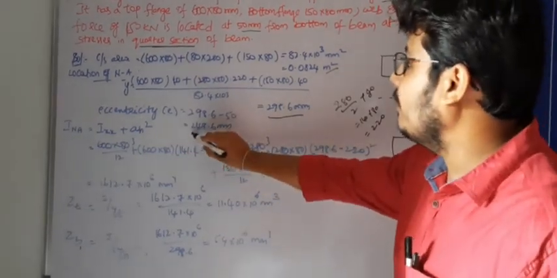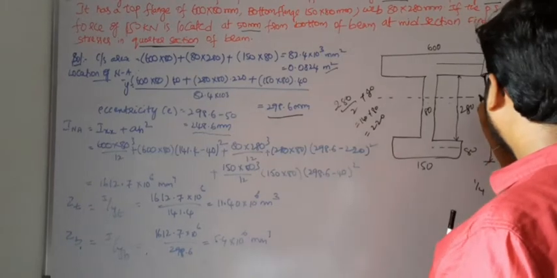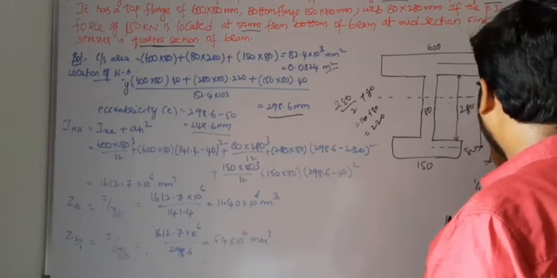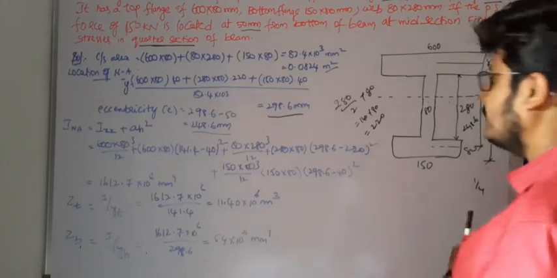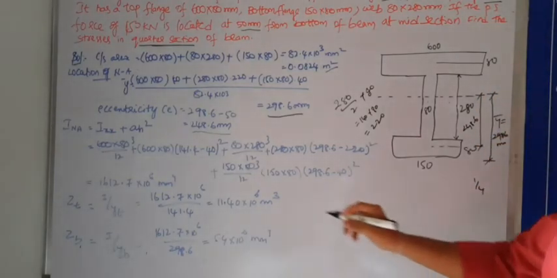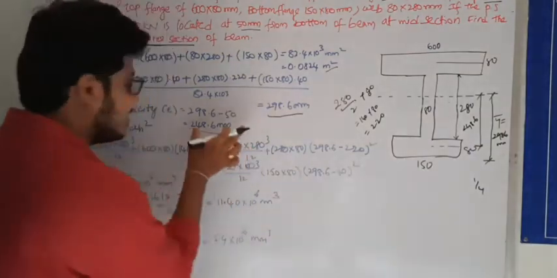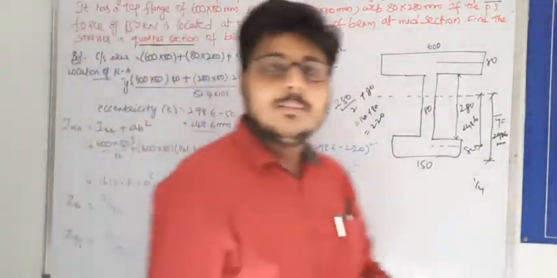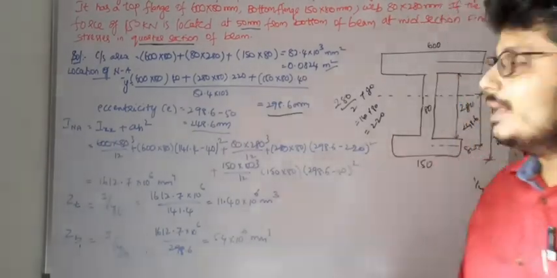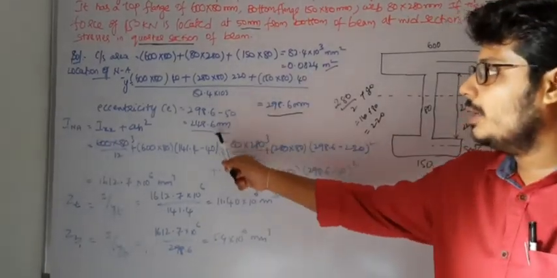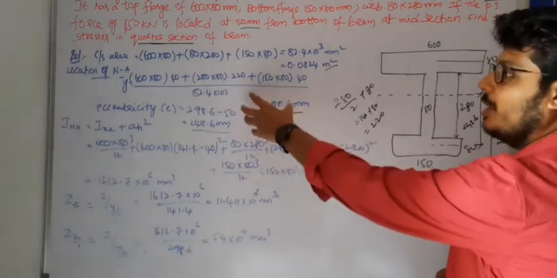This is the main important value, because for calculating the bending stress we need the eccentricity: P into e by Z. So here e is 248.6. This is the y bar and the eccentricity.